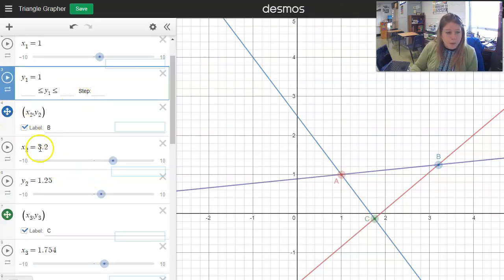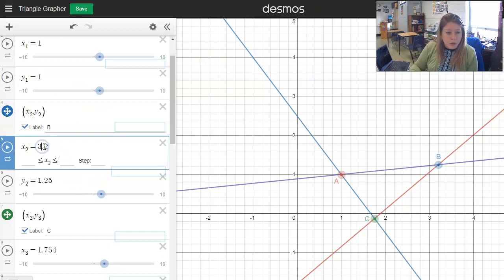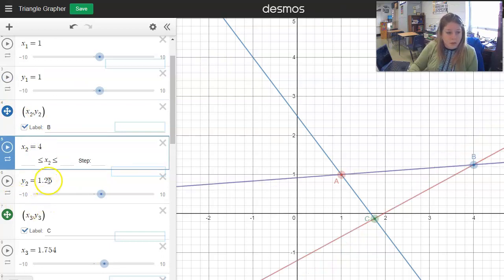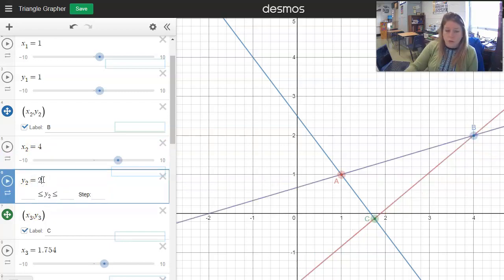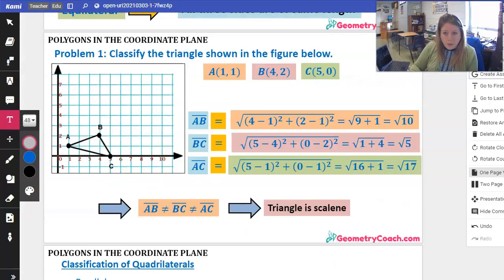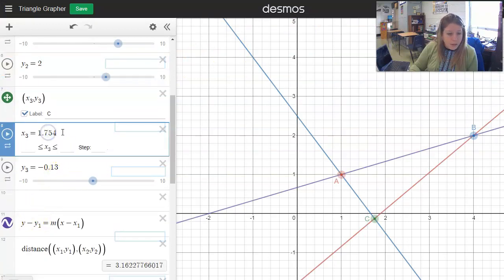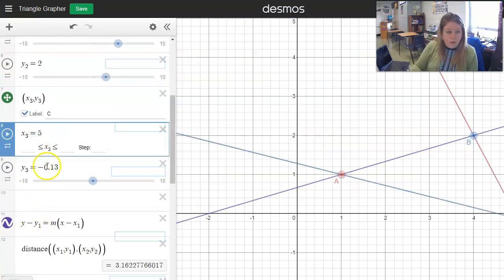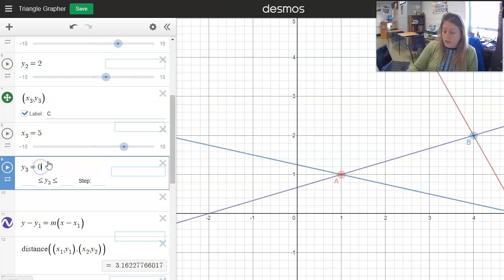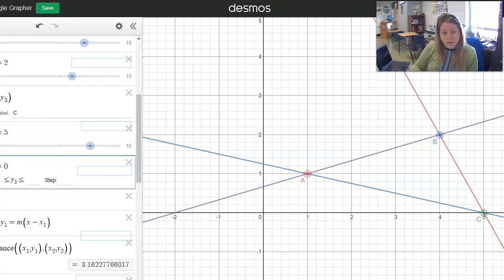So I want my blue point to be 4, 2. Alright, so it's over 4, up 2. And I want my other point to be 5, 0. So my green point is going to be 5, 0. There you go. So now you can see it over here, 5, 0.